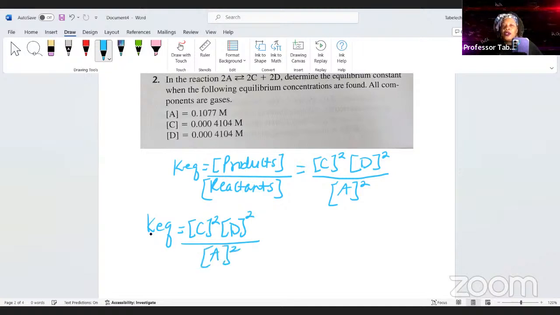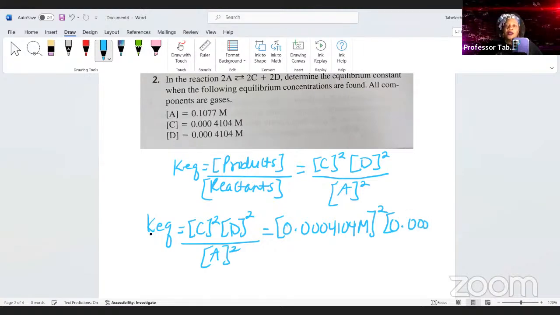So what we're going to do, we're going to say 0.0004104 M, and that's squared, times D, which is 0.0004104, and that's also squared.